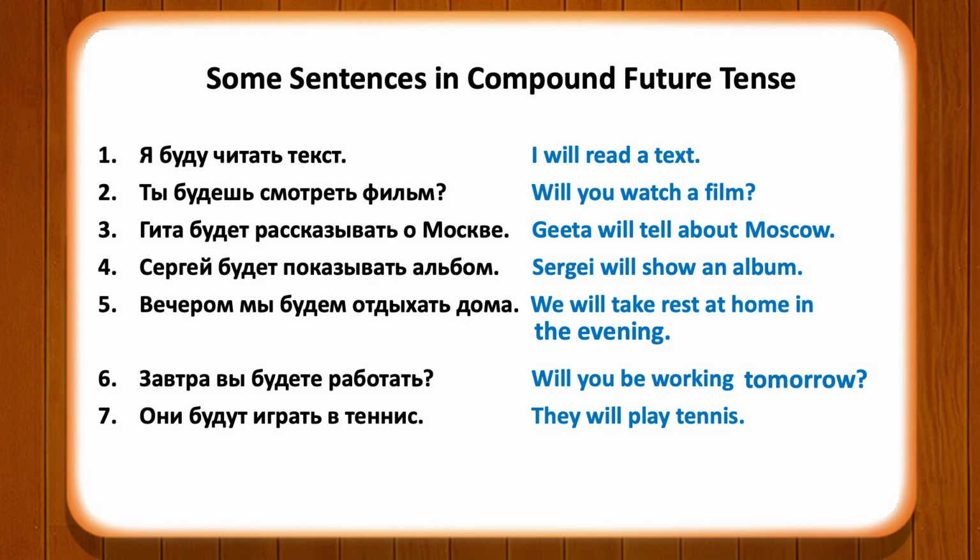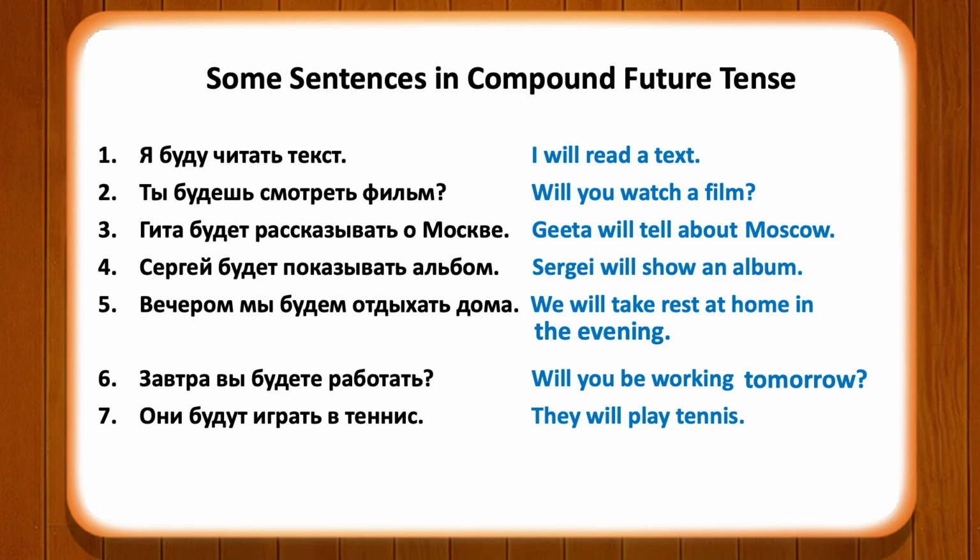In the next sentence, the verb играть is being used in future tense. Играть means to play. So when we use it in future tense, again we combine it with the auxiliary verb быть, which is conjugated according to the subject. The subject here is the pronoun они.